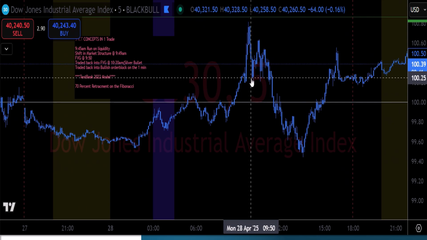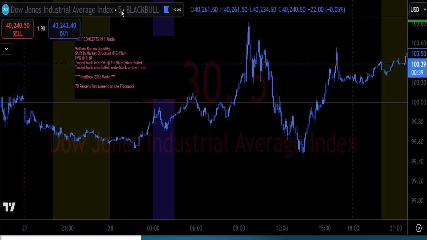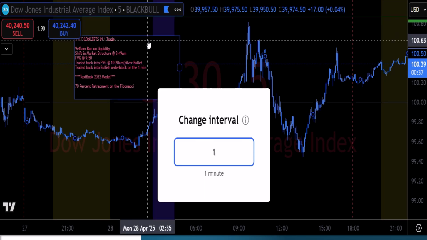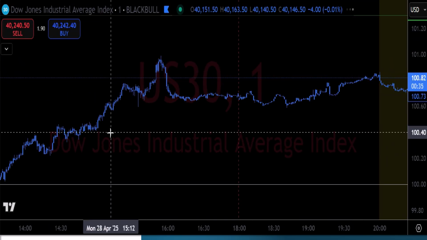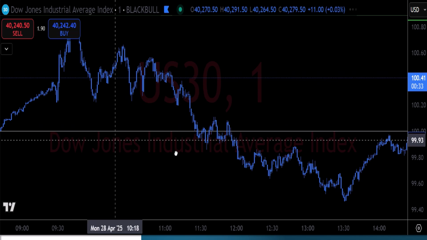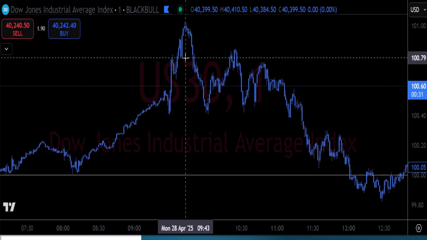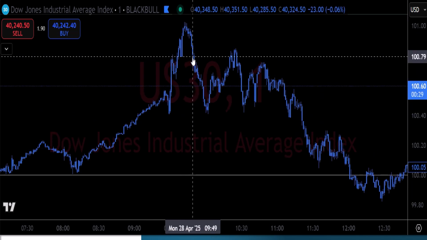And then we have a shift in market structure. Going back to the 1 minute chart, we have that shift in market structure right here at 9:49.